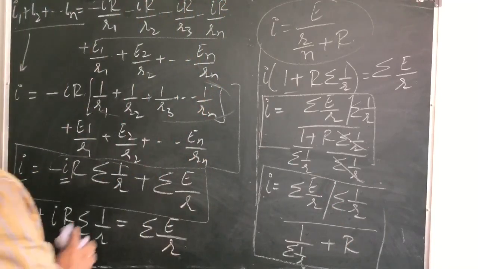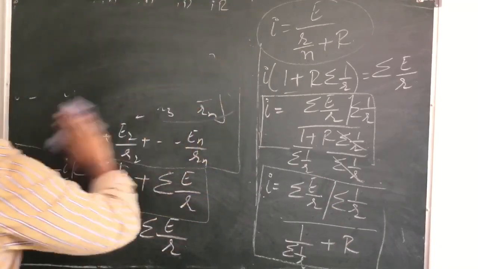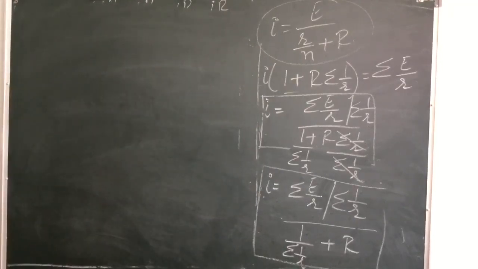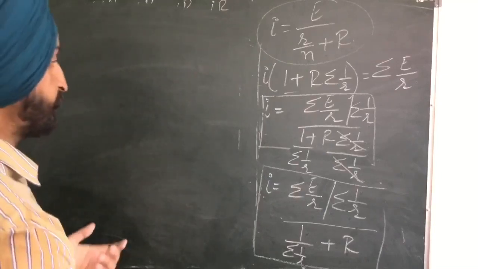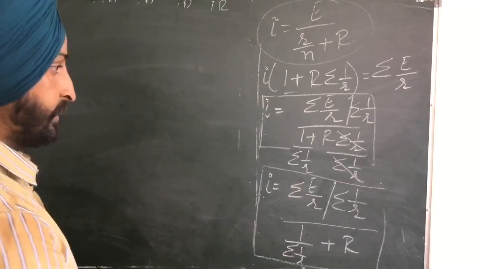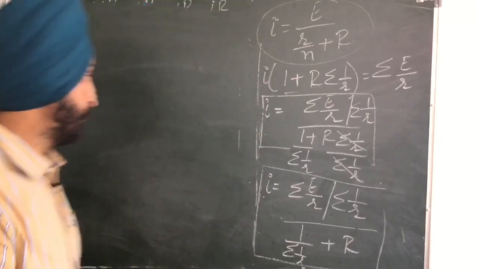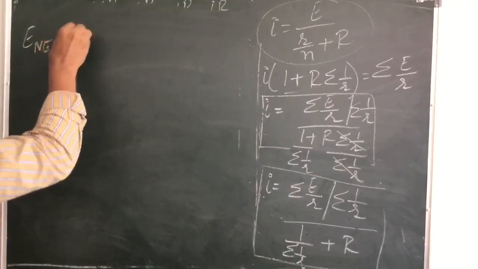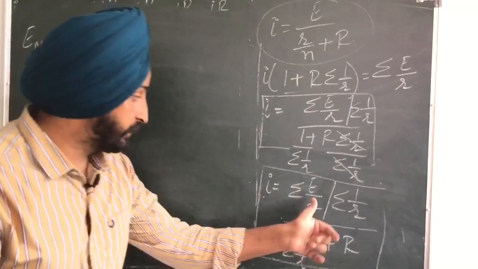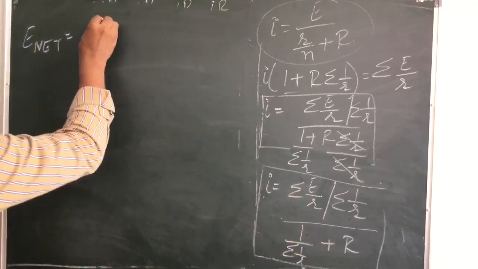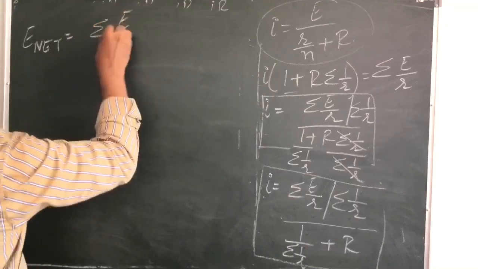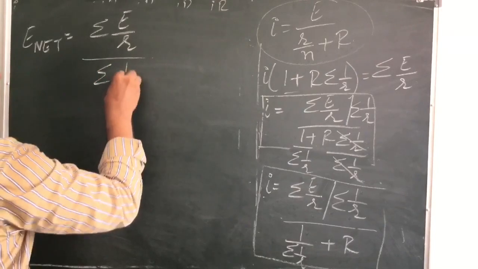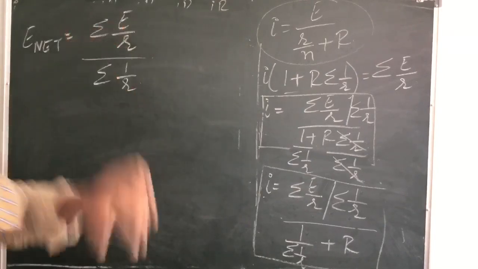So from these discussions, what we have got is that in such circuits, when EMFs are different and internal resistances are different and the cells are connected in parallel, what would be the net EMF? It will not be equal to E. Now it will be equal to summation of E by R over summation of 1 by R. This will be the value of net EMF now.